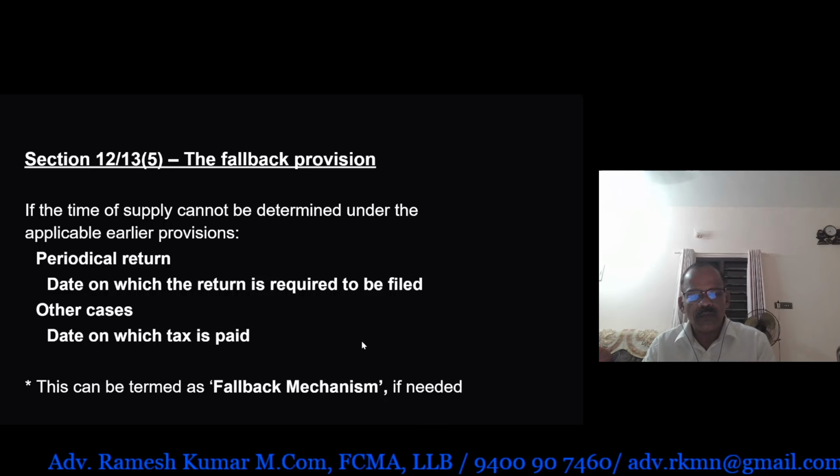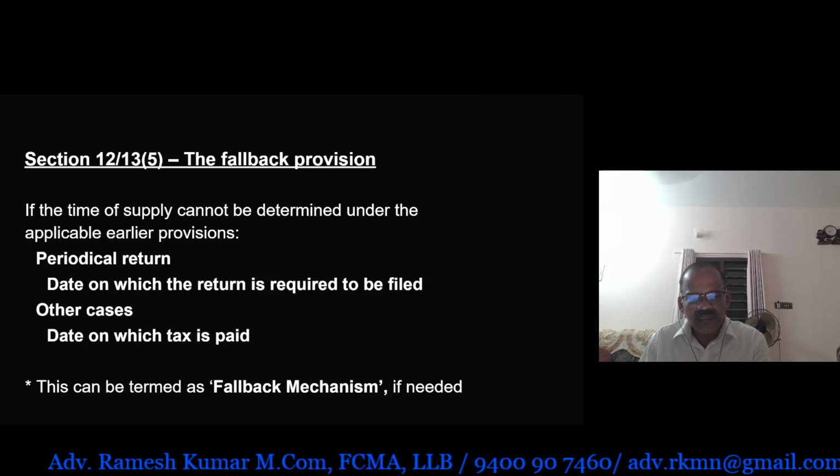And now we come to what I would call the fallback mechanism. The law first gives us specific rules for determining time of supply. But what happens if, for some reason, the time of supply cannot be determined under those provisions? The answer lies in section 12, subsection 5 and section 13, subsection 5.